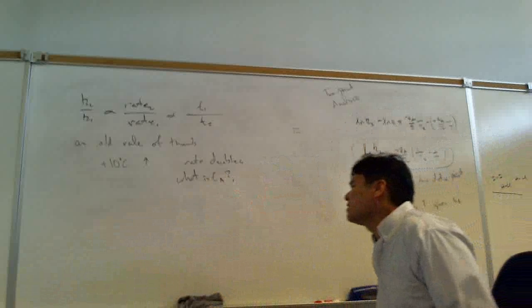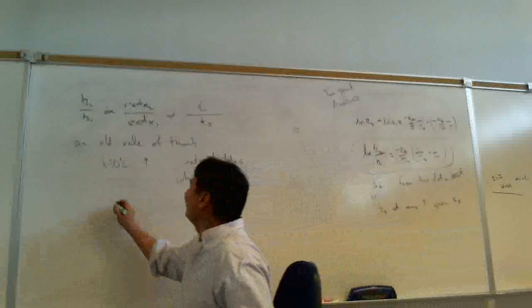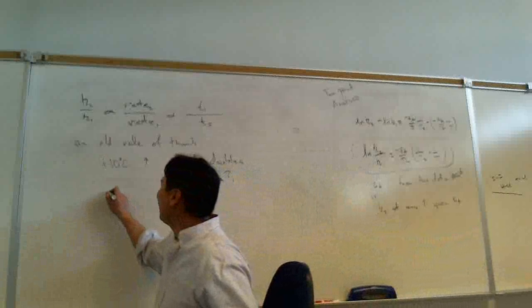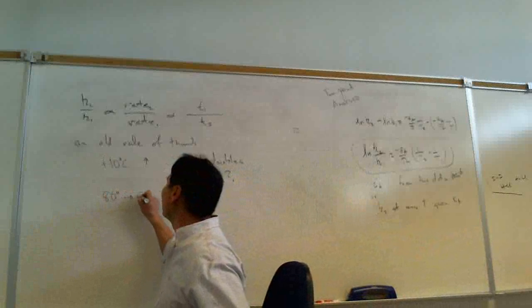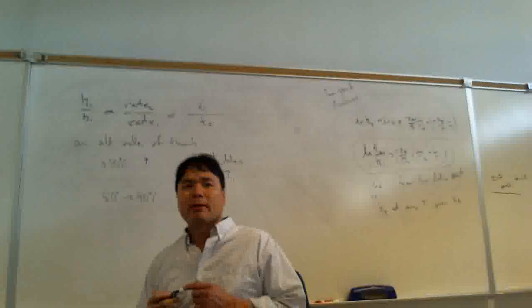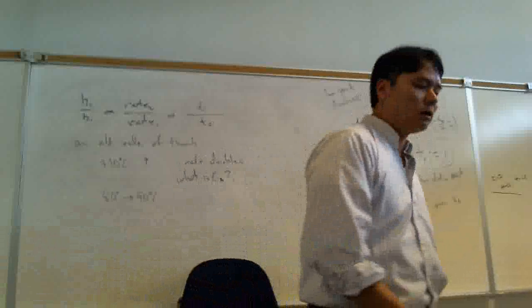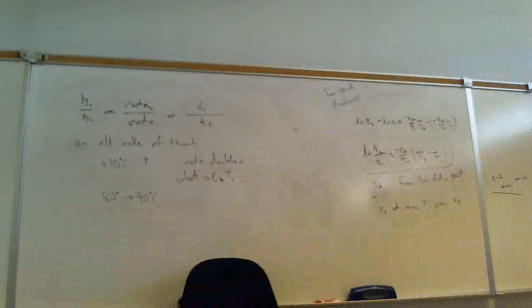And so let's pick a temperature. We'll go from 80 degrees C to 90 degrees C, cooking something in warm water. Determine the activation energy. So why don't you guys try that? I'll be right back.